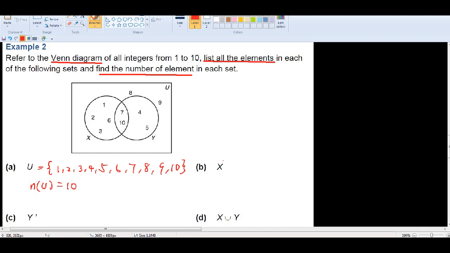Okay, X means all the elements in the circle for X. 1, 2, 3, 6, 7, 10. The number of elements in X, there are 6 of them.